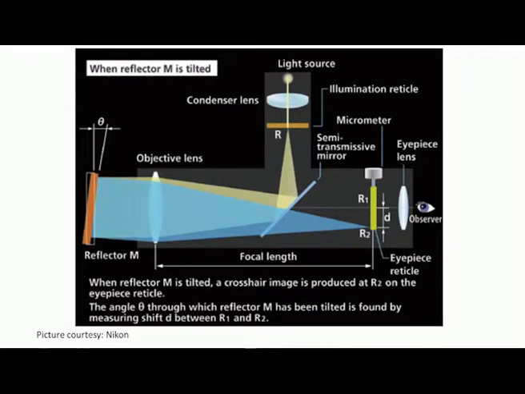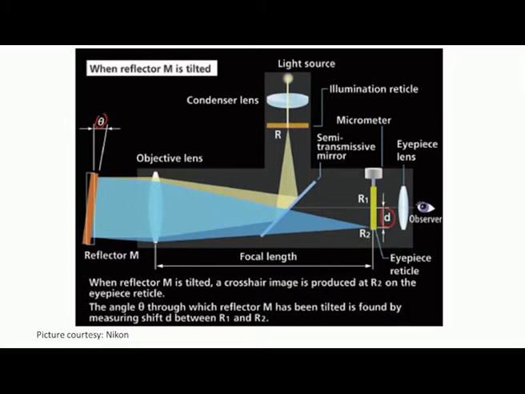The light will fall on the reflector, and then if there is some inclination theta, the reflected light will move back and it will fall at this position. So, this distance between R1 and R2, that is distance d, can be read using the eyepiece, and the light source is placed here.